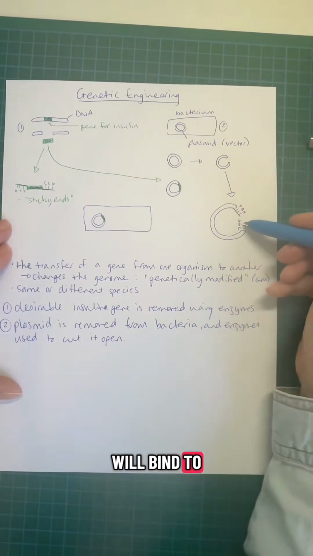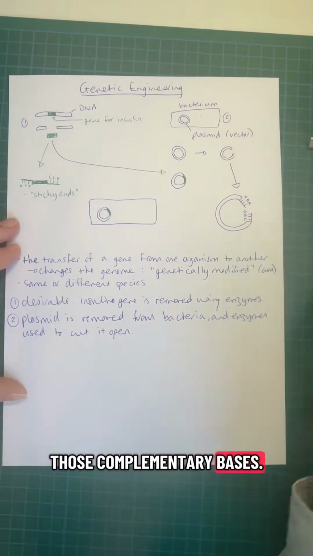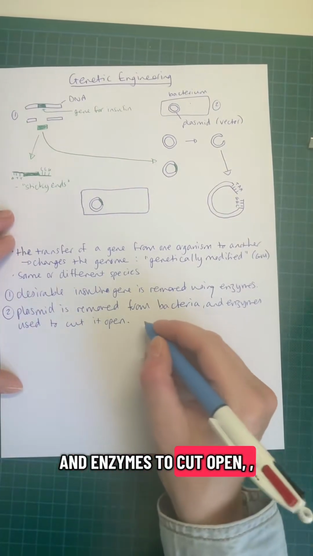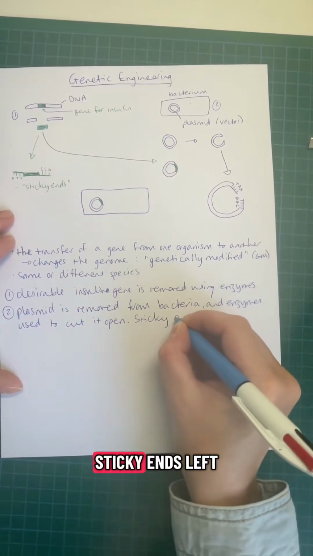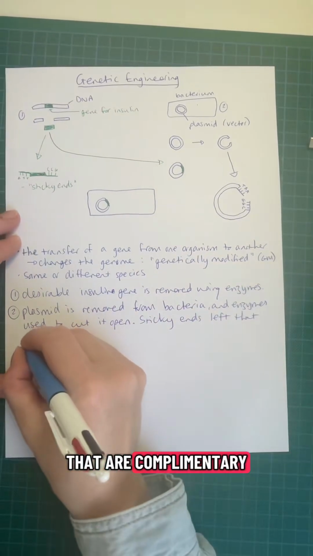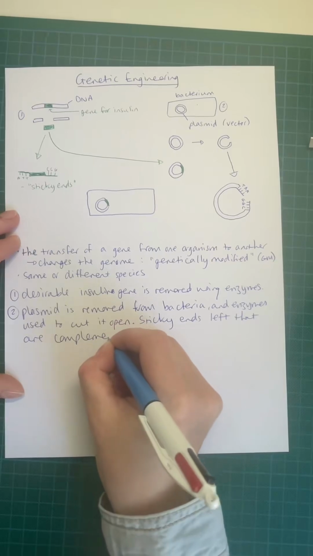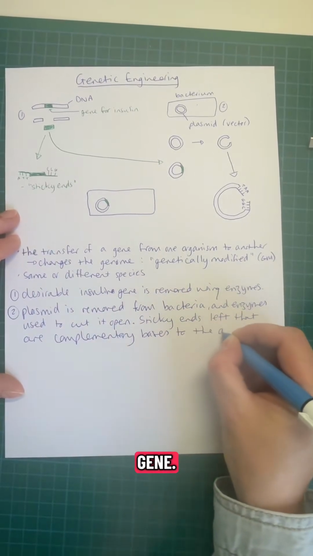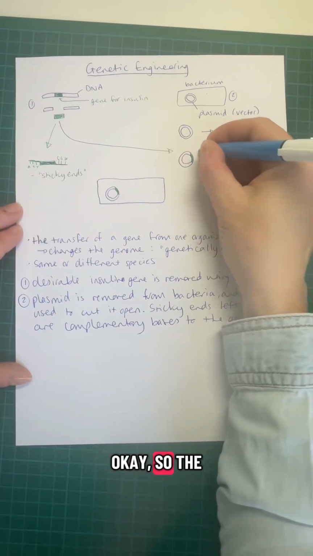So they will bind to those complementary bases. So plasmid is removed from bacteria and enzyme used to cut open. Sticky ends left that are complementary bases to the gene. The next step is here.